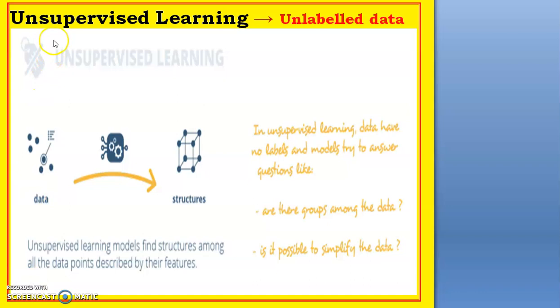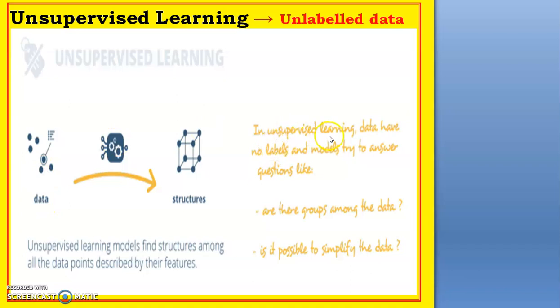If we are looking at unsupervised learning, it is unlabeled data. In case of supervised learning, that is labeled data. Here in case of unsupervised learning, it is unlabeled data. So what we have is the data. We have to see whether it is possible to draw structure from the data.